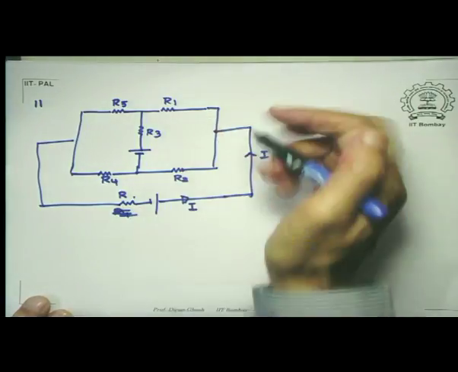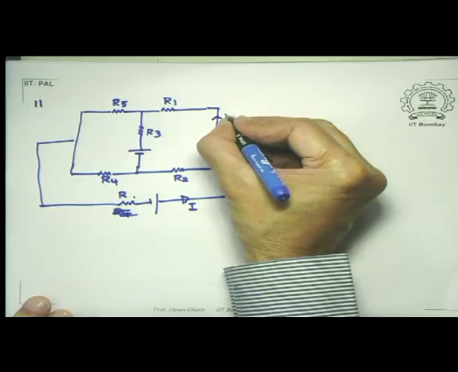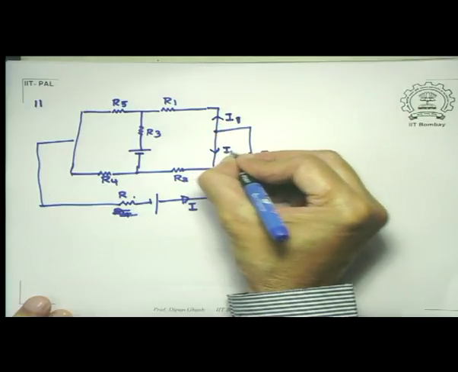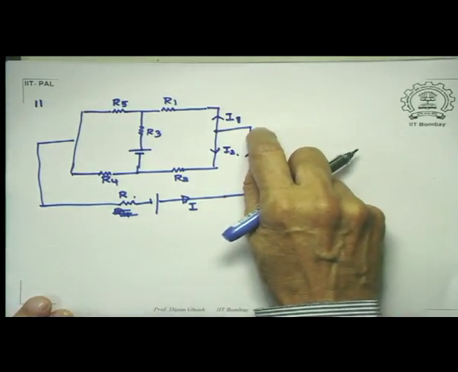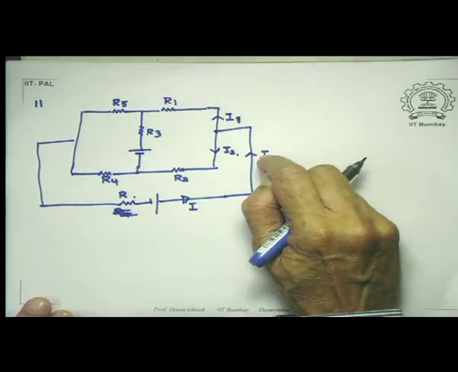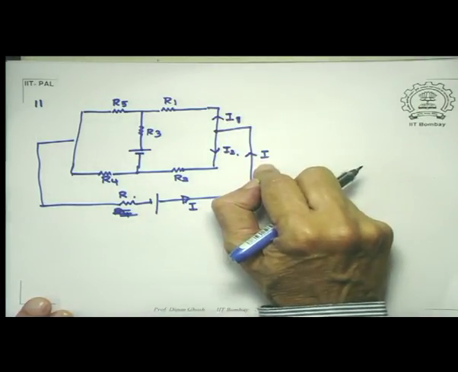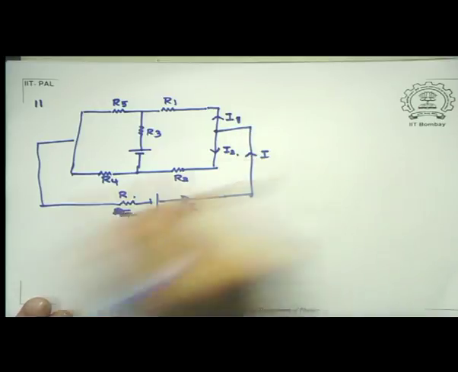So I is coming in, but suppose you assume that I1 and I2 are going out. This immediately tells me that if I1, I2 and I3 are assumed magnitudes of the current, then I1 plus I2 must be equal to I.